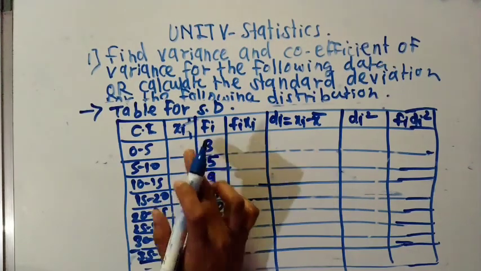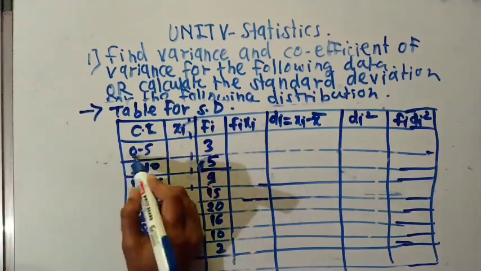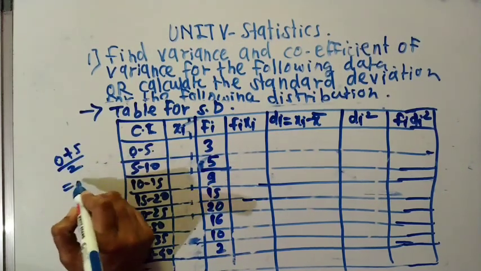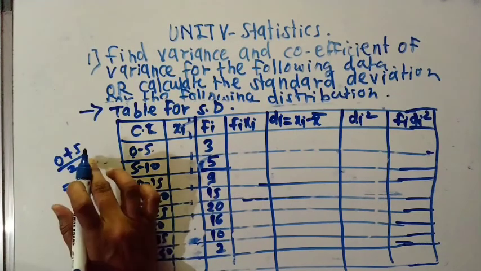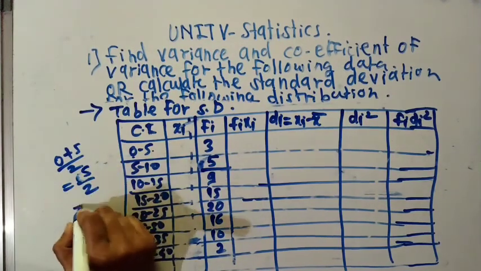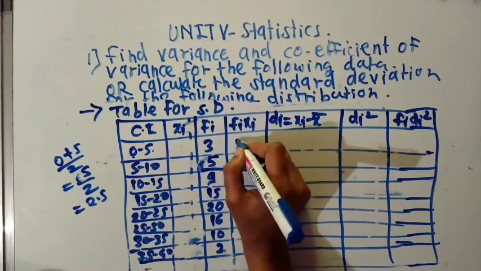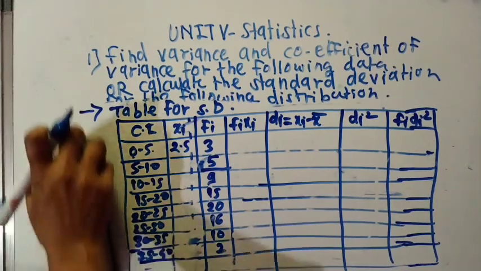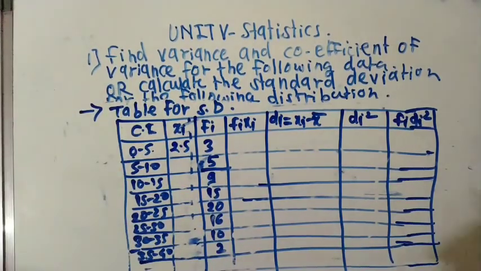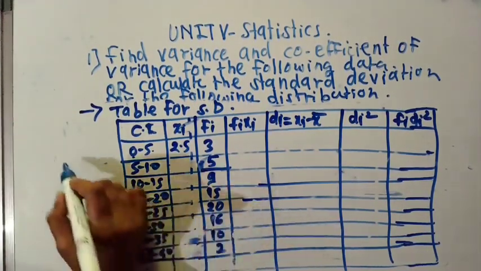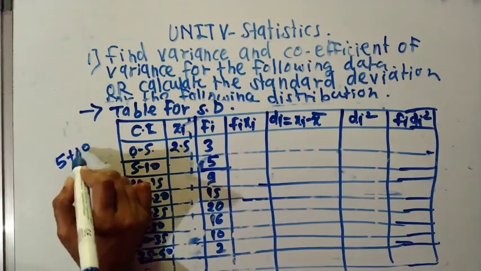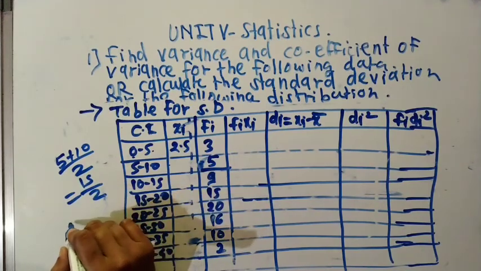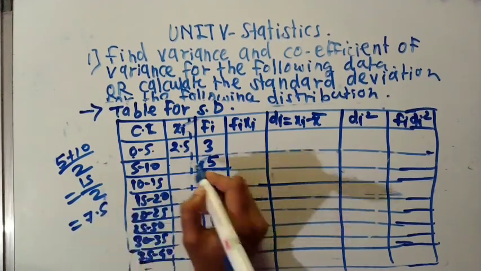Then xi is the mid value. For 0 to 5, the mid value is lower 0 plus 5 upon 2, which is 5 upon 2, is 2.5. What is the mid value of 5 to 10? 5 plus 10 upon 2 is equal to 15 upon 2 is equal to 7.5.